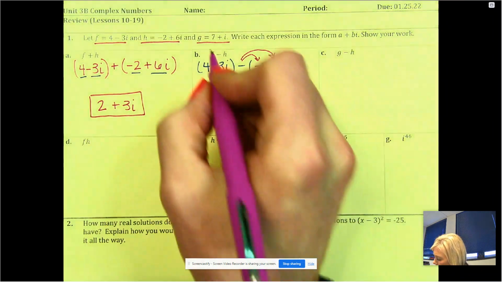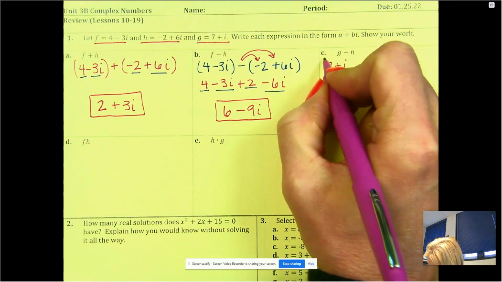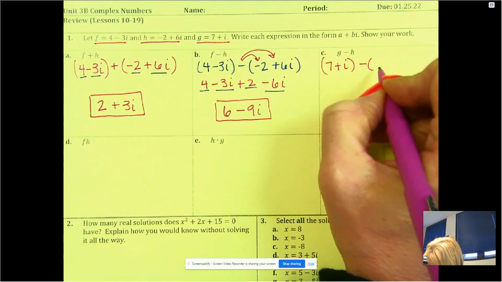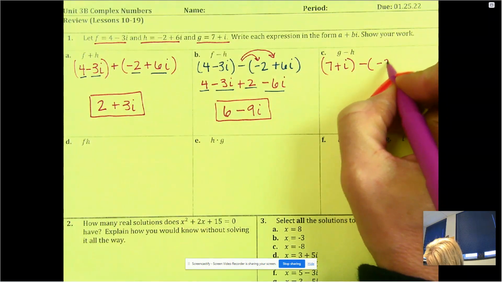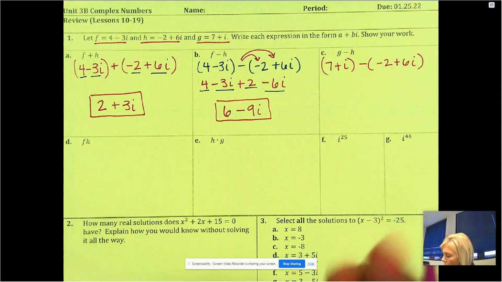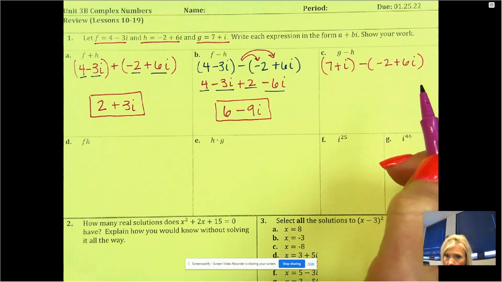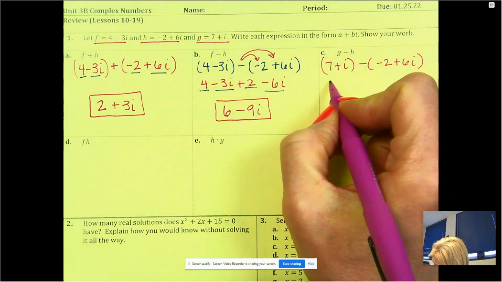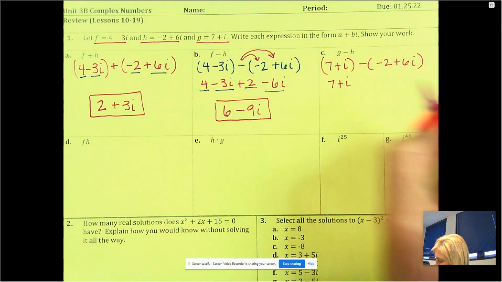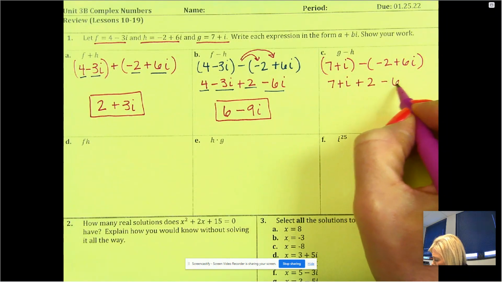C, we're subtracting G, which is 7 plus i, minus H, which is negative 2 plus 6i. And so it's another subtraction problem. So I'm going to rewrite this without parentheses. 7 plus i stays the same, and then plus 2 and minus 6i.